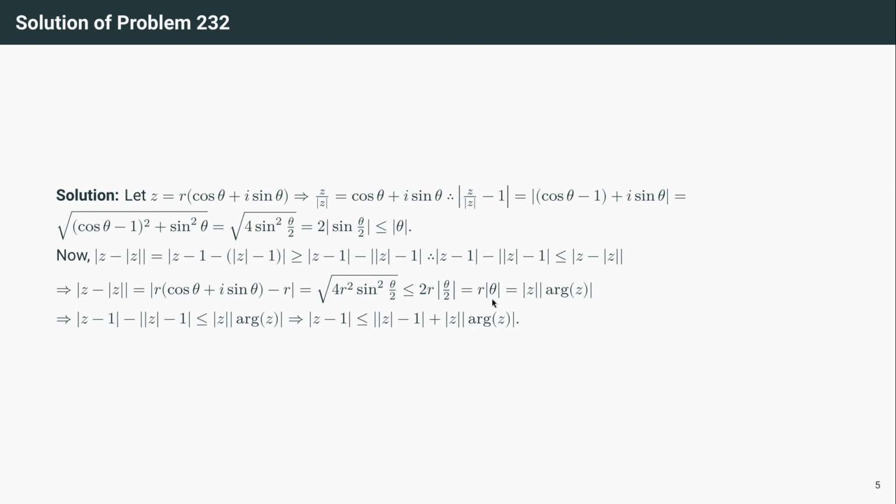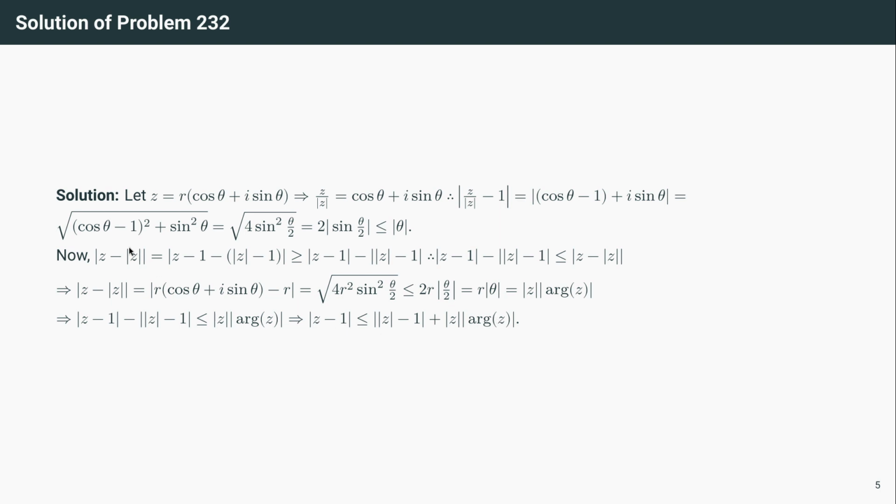Calculations are similar. This is nothing but mod of z into mod of rz. This is the last part. Therefore, we can say that mod of z minus 1 minus mod of mod z minus 1 is less than or equal to mod z into rz. From here, we can say that mod of z minus 1 is less than or equal to mod of z minus 1 plus mod of z into rz.